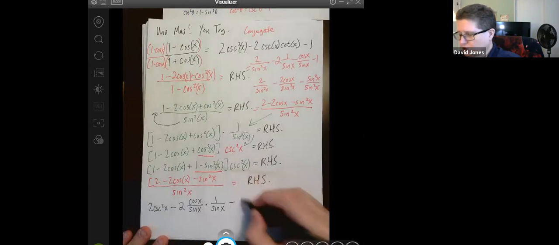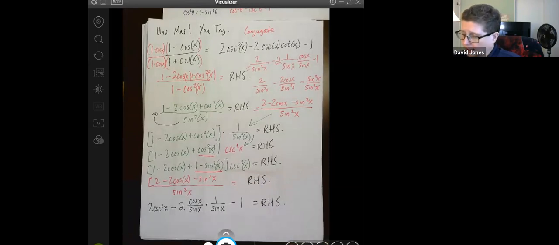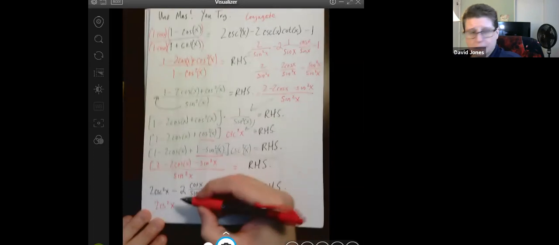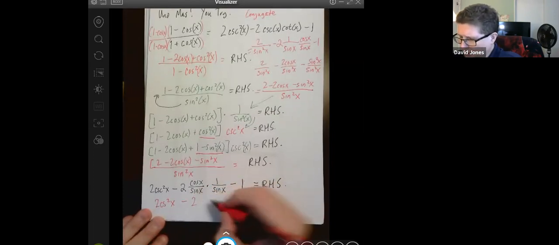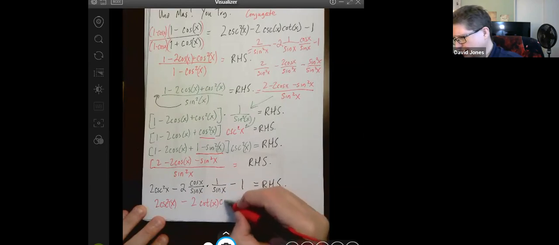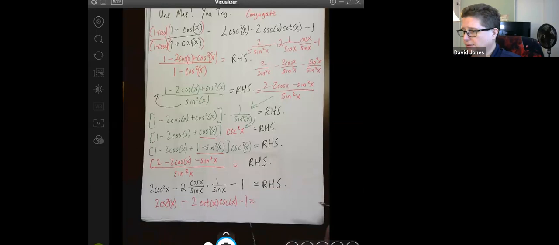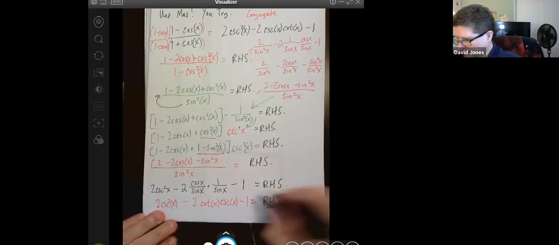And this last one is just minus 1 equals right-hand side. And finally, 2 cosecant squared x minus 2 cotangent x cosecant x minus 1 equals, that equals the right-hand side. Done.